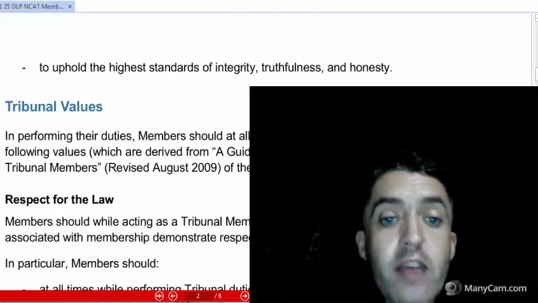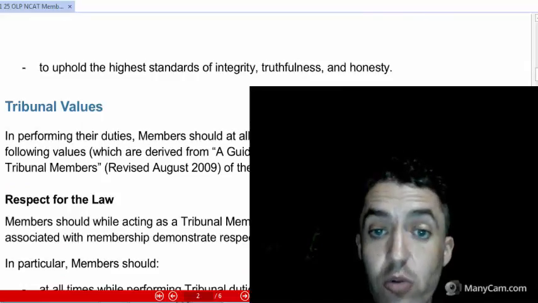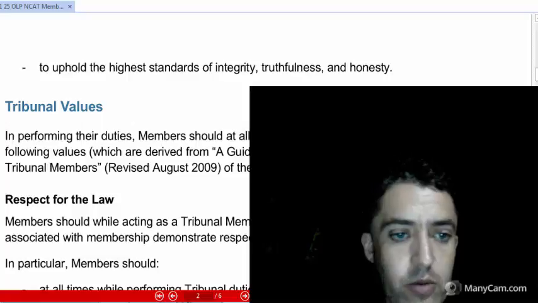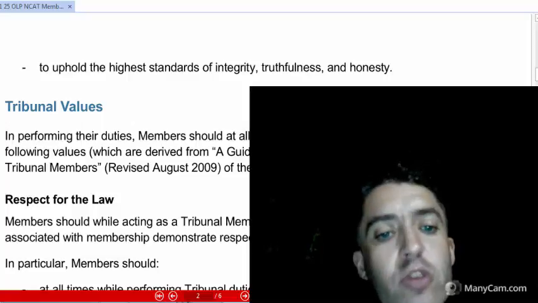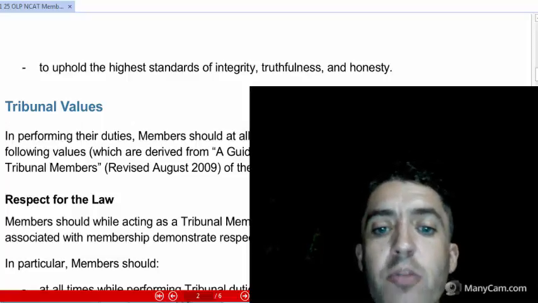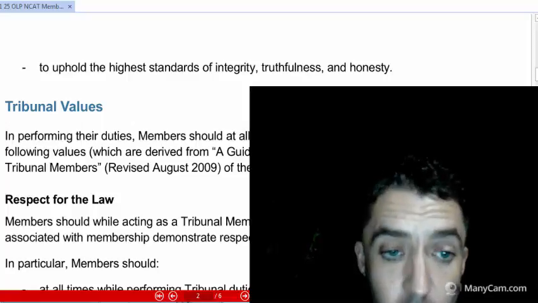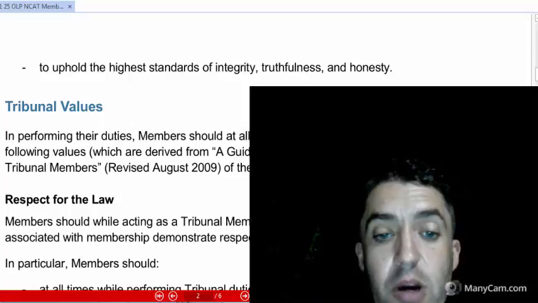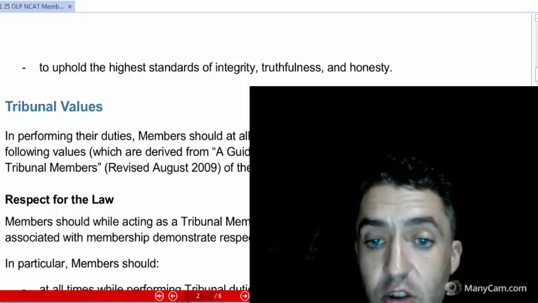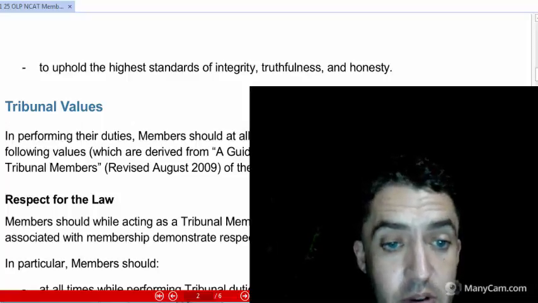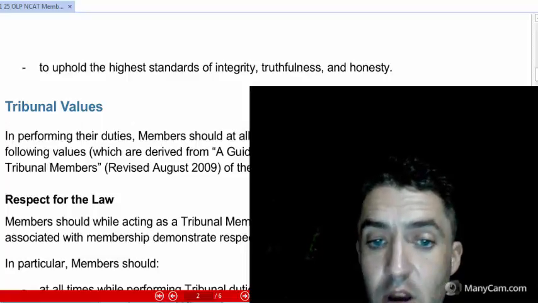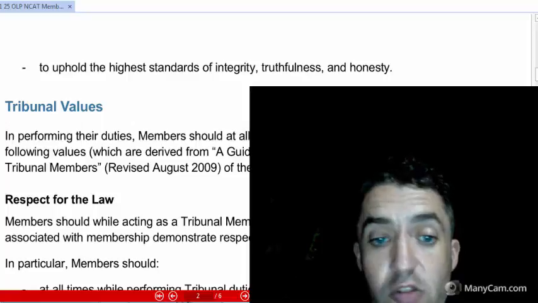To uphold the highest standards of integrity, truthfulness, and honesty. Tribunal values. In performing their duties, members should at all times strive to give effect to the following values, which are derived from, in quotation marks, a guide to standards of conduct for tribunal members, revised August 2009, of the Administrative Review Council.